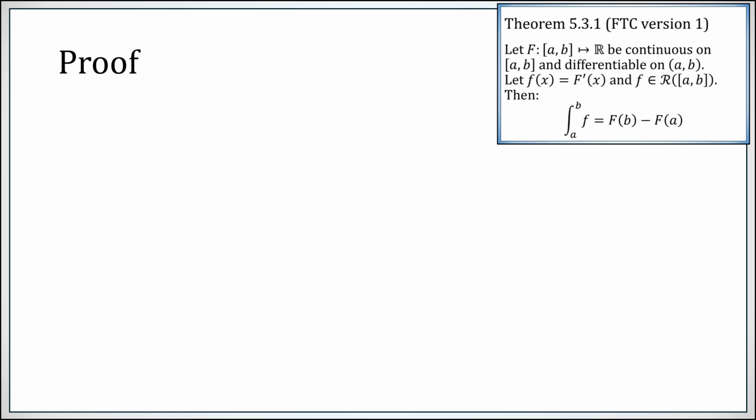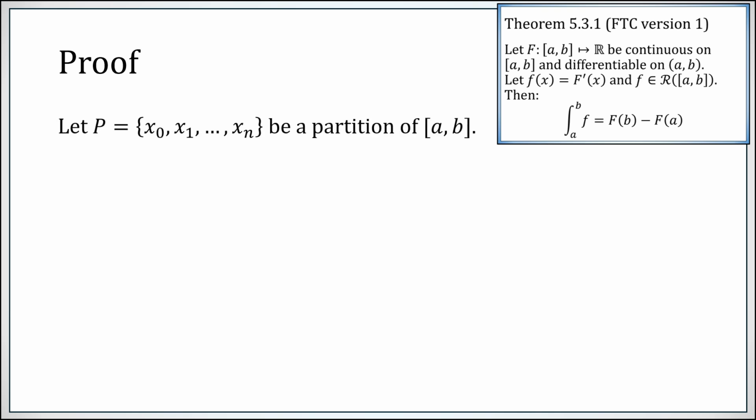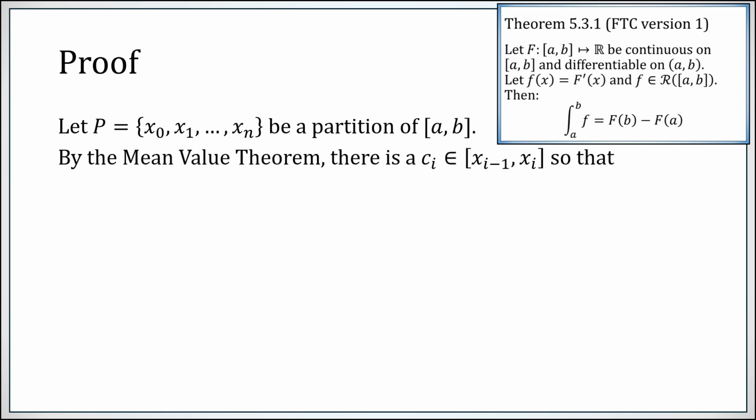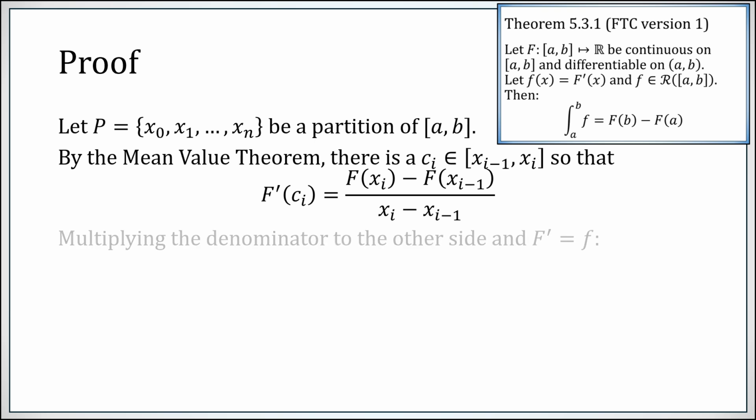Let's go ahead and prove it finally. So suppose you have a partition of the interval. We're going to call it capital P, x naught through xn. Thanks to the mean value theorem, because the function capital F is continuous on each of these little intervals and differentiable on their interiors, there is a point inside each interval so that the derivative of capital F at this mysterious point in the interval from xi minus 1 to xi is equal to capital F of xi minus capital F of xi minus 1 over delta xi, the length of that interval.